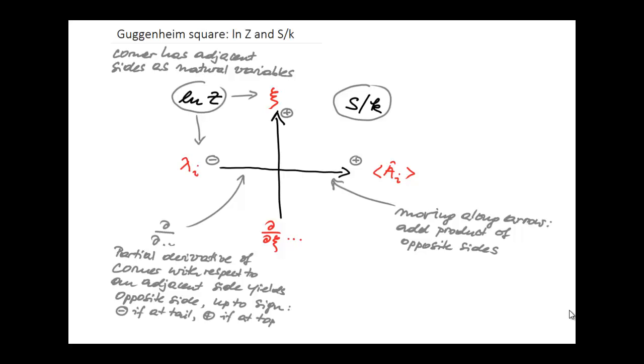And I would like to draw up a little list of the most common thermodynamic variables that appear in practical applications. So let's consider the entropy. The entropy has as its natural variables either the control parameters, the psi, or the expectation values. These are the natural variables of entropy.